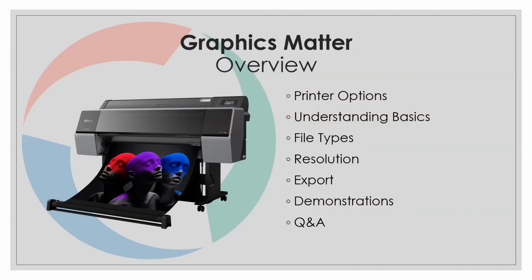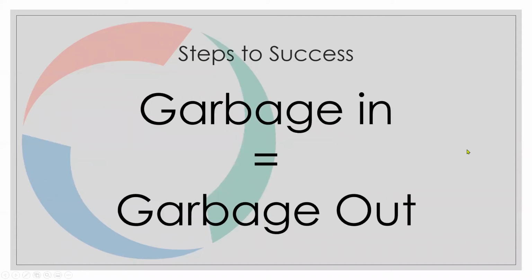We're going to talk about a few basics when it comes to setting up your document: what file types to start with, what sizing to work with, what PPI, what pixel count. That's going to transition into the resolution side of things, so we get the optimum output from our unit. And of course, we always like to throw in a demonstration. I have a video or two to show you some basics, and then we're going to open it up for everybody. So let's dive in.